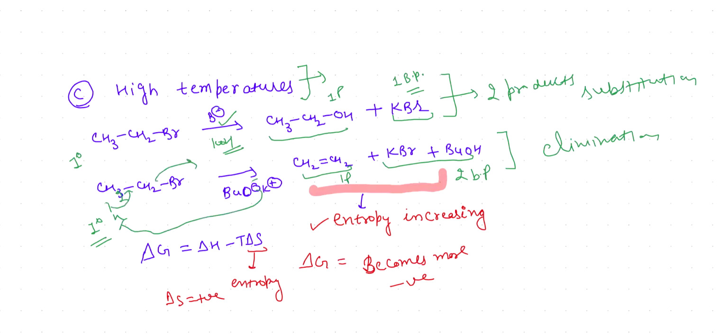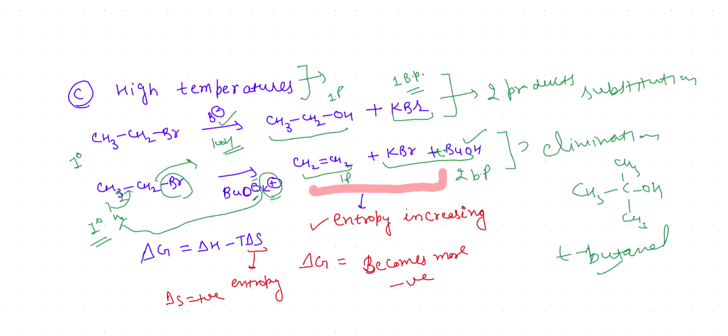So KBr forms, and this H will attach to this oxygen, thus forming butanol. This is also tertiary butanol, that is CH3, CH3, CH3OH. This is one of our byproducts in these reactions. So in the case of elimination, there is formation of three products.